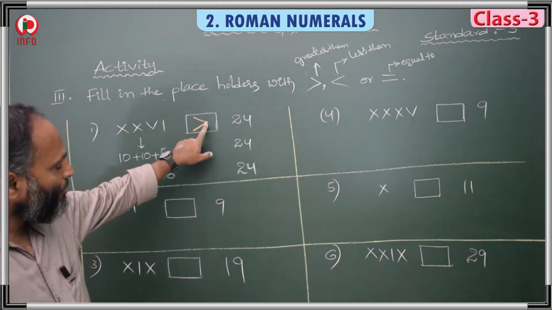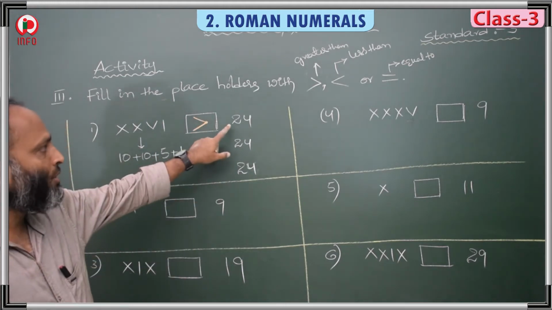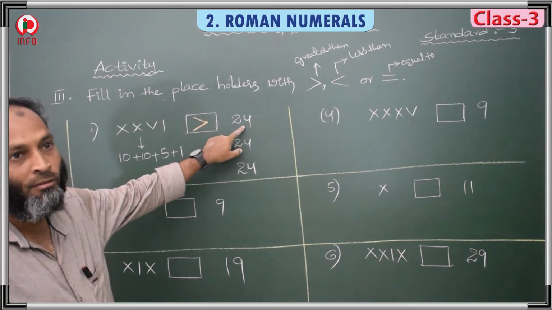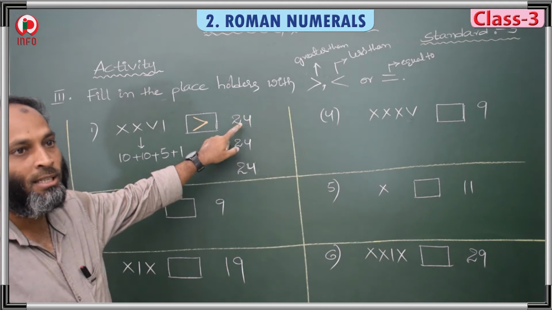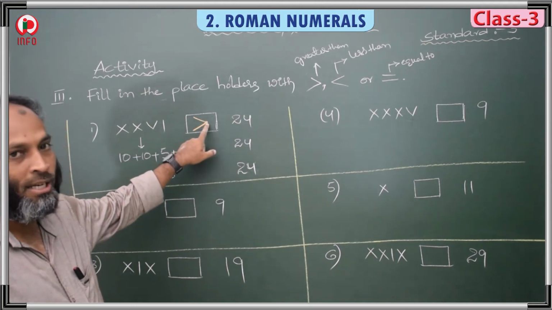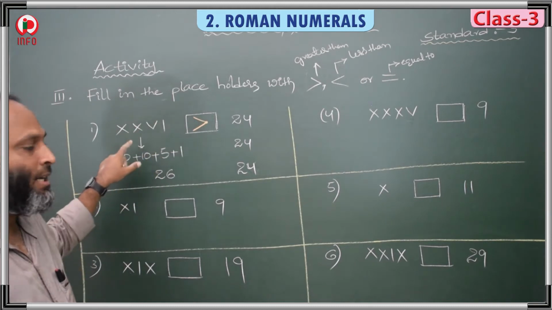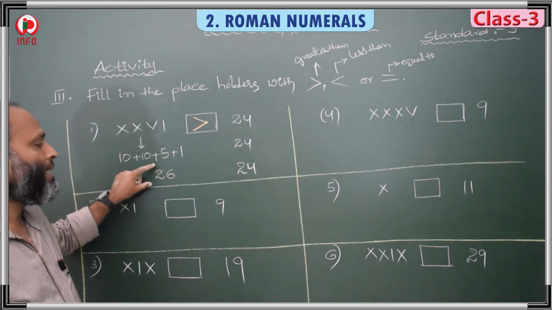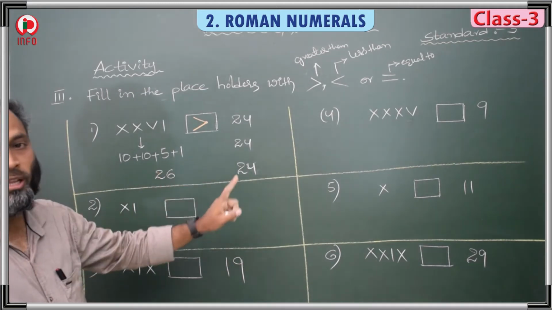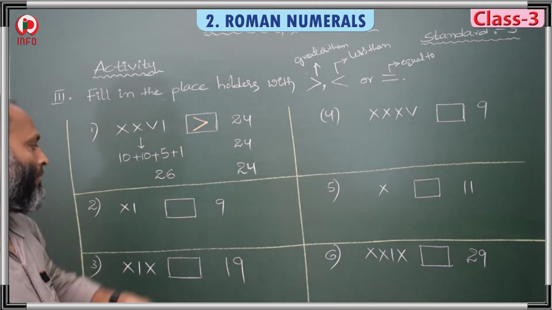This intersection portion always should show the smaller one. Here the intersection portion will come on this side, because this is the smaller portion. The smaller number is on this side and the bigger number is on this side. So 26 is greater than 24, 26 is bigger than 24. The greater than symbol will come here.